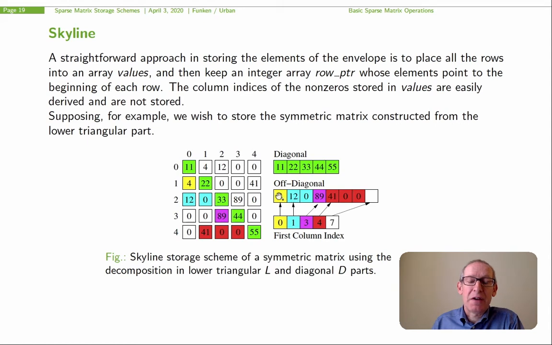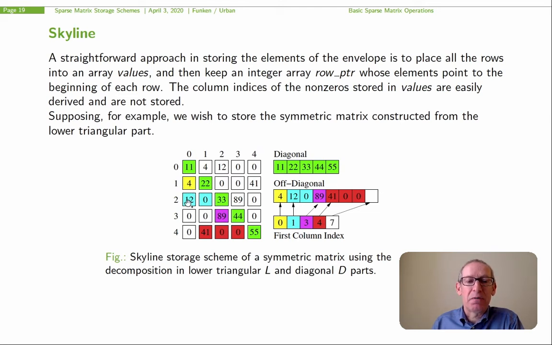So again, we have to have 0 indexing. So 0, 1, 2, 3, 4, 5, 6, 7. For the purple colored row, it starts with 3. And for the red colored row, it starts with 4, and the last, which is the end, is 7. The question now is how we get the index where the row starts.